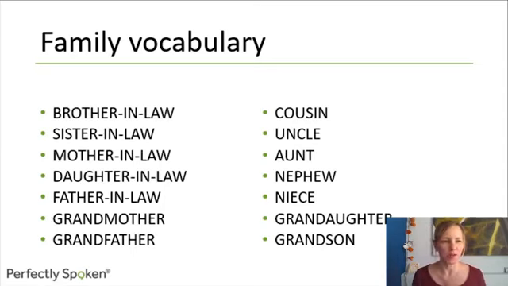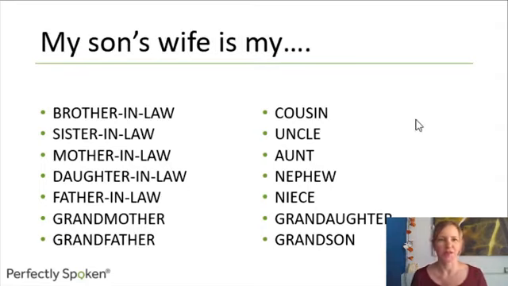Okay, so I'm going to put some questions up now and you have to think of the answer. Okay, so here we go. We've got the possessive S here for possession. So my son's wife is my daughter-in-law.